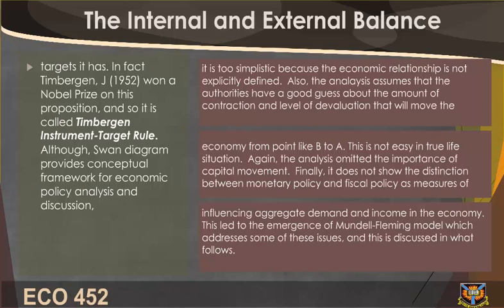Again, the analysis omitted the importance of capital movement. Finally, it does not show the distinction between monetary policy and fiscal policy as measures of influencing aggregate demand and income in the economy. This led to the emergence of the Mundell-Fleming model, which addresses some of these issues, and this is discussed in what follows.